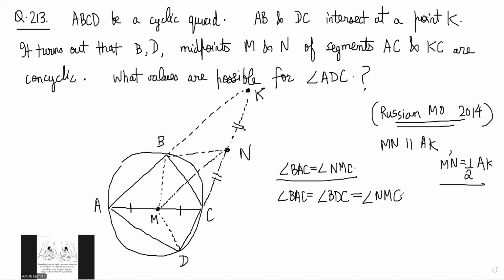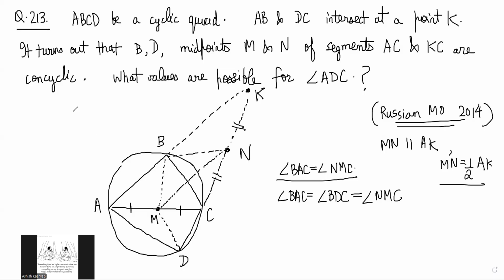So now, let me think. We have BDC is also equal to BMN because the second quadrilateral is also cyclic.